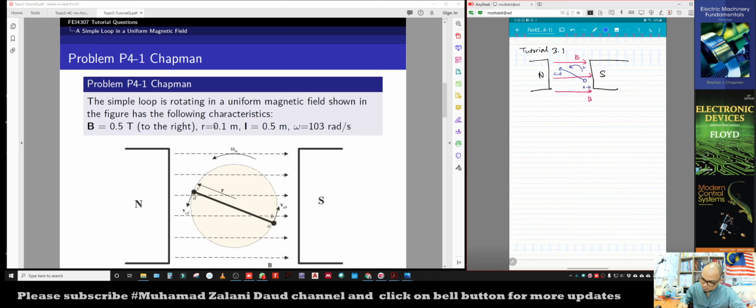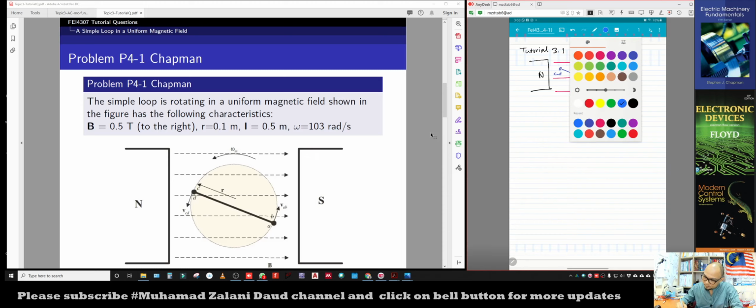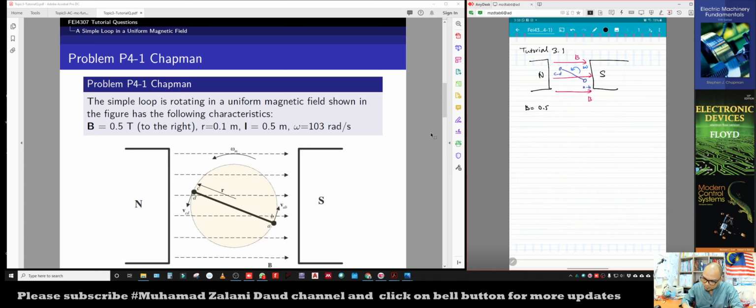And this wire loop is rotating in the counterclockwise direction, that is omega. So we have that particular illustration, given that B is 0.5, R is 0.1, L is 0.5 again, and omega is given as 103 radian per second.